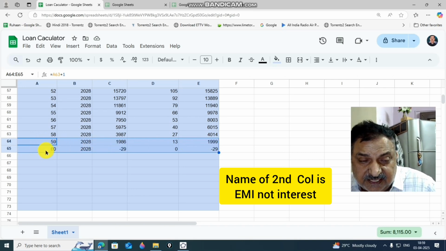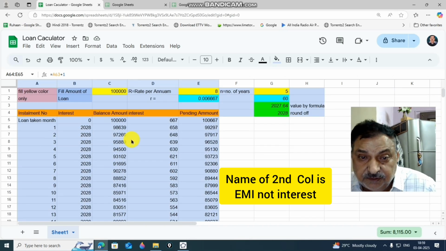When we fill the 60th installment, the value will be 0 because the pending amount was this and we have filled this. It means 29 rupees extra. It means after 60 installments our loan will be 0. Therefore interest will be 0.